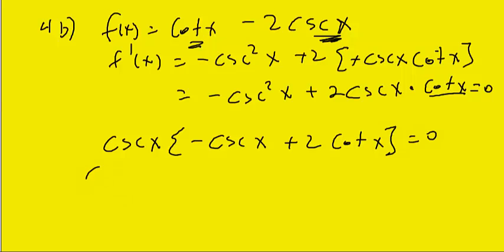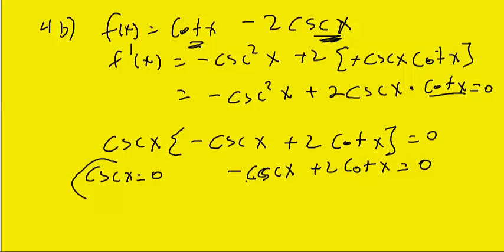Okay, cosecant of x is equal to 0, and then I have negative cosecant of x plus 2 cotangent of x is equal to 0. Okay, where is cosecant equal to 0?